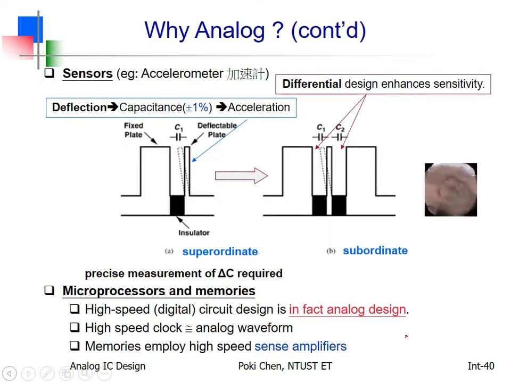And much more important is this, sensors. For each smartphone, we have more than 10 or even 20 sensors. So what is the definition for sensors? You need to convert signal from one domain to the other domain. I don't care from which domain to which domain.